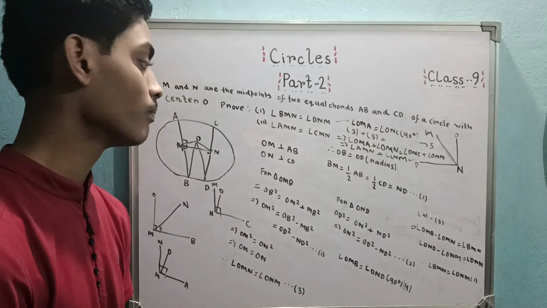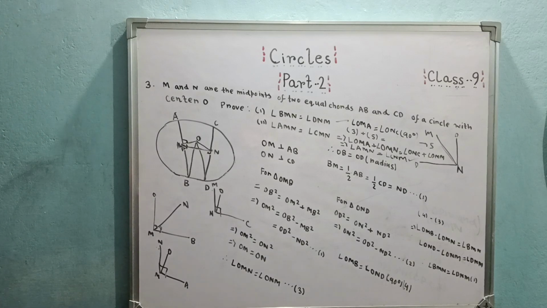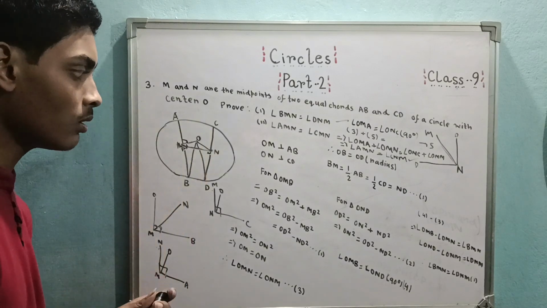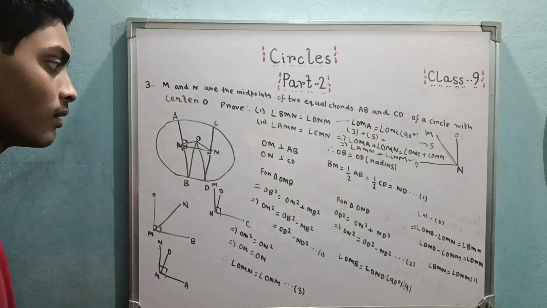That's the second proof. So here we did many things. First we proved that the halves of these chords are equal. Then by Pythagoras theorem, we proved that OM equals ON, and that means the angles of those two lines on the segments are also equal. Then we see that OMB equals angle OND, right angles.